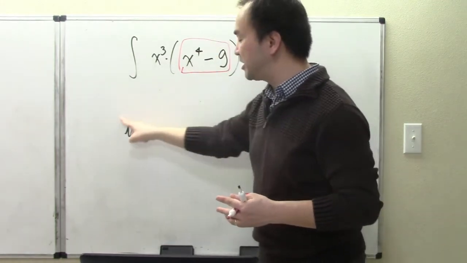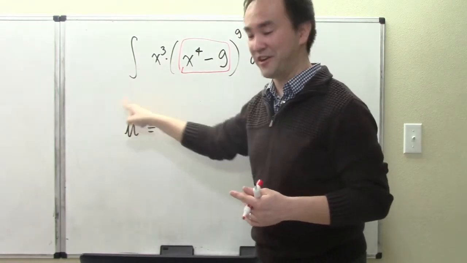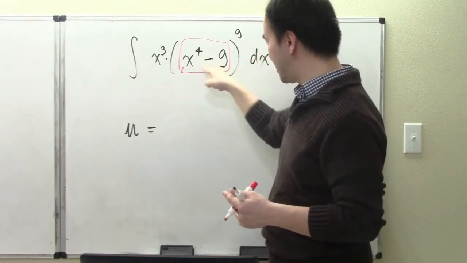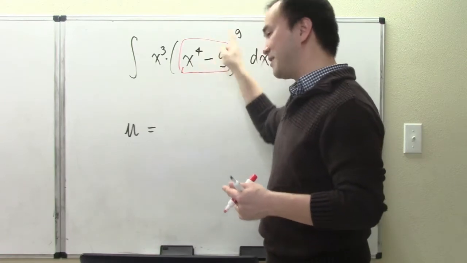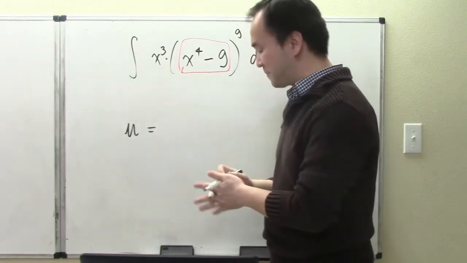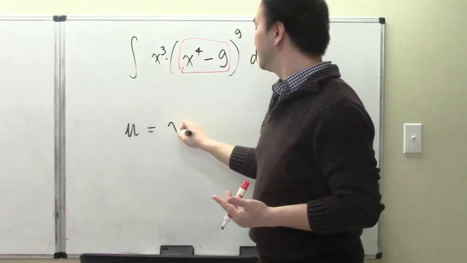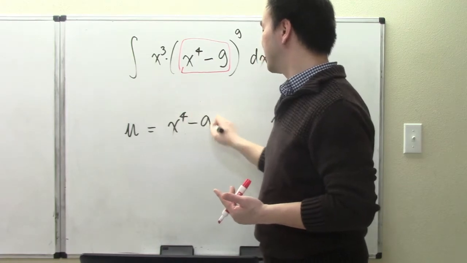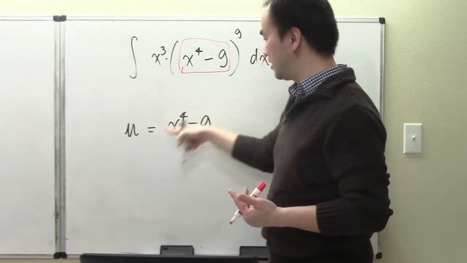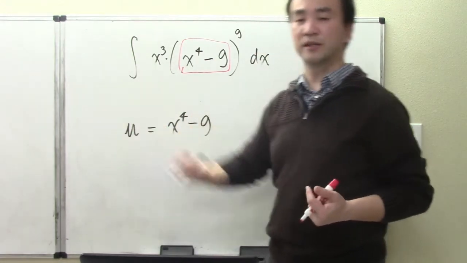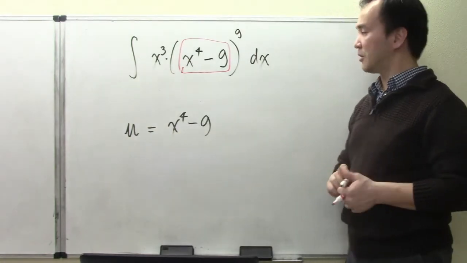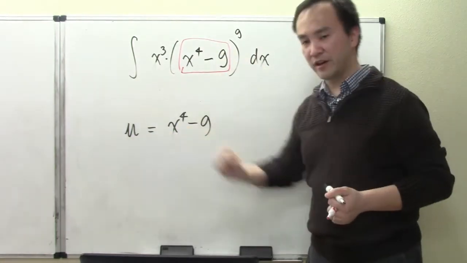And I substitute that with a simpler variable. Right now it's 2 terms, x to the 4th minus 9. It looks complicated, but now I'm going to substitute that away. I'm going to let all of that equal 1 variable, u.